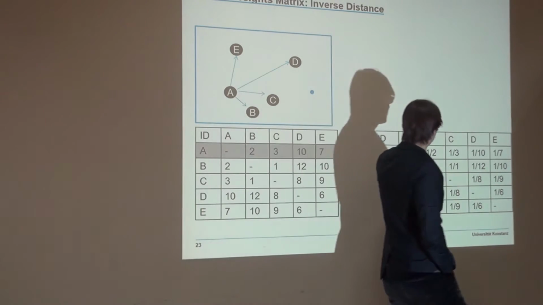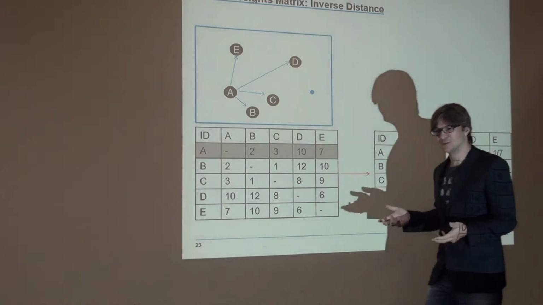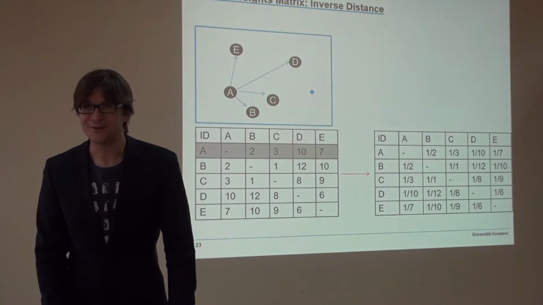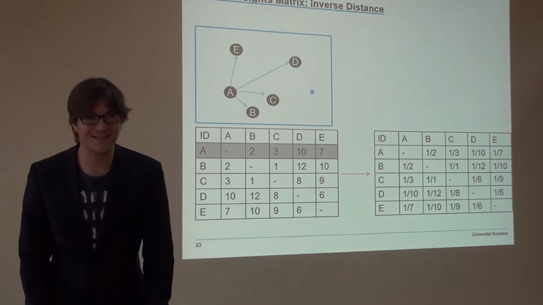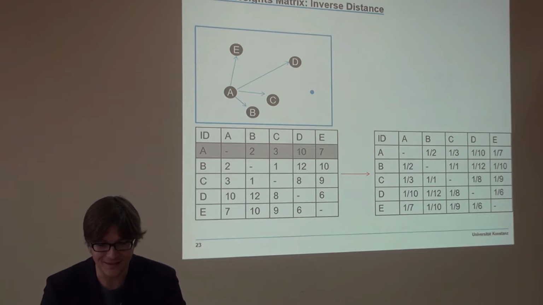Then we would have spatial weights of 1/2, 1/3, 1/10, 1/7, and so on. So this is what we get as a spatial weights matrix then. And of course you don't have to do it by hand, we have the computer to help us with this task, because otherwise we'd be very prone to error, I think.